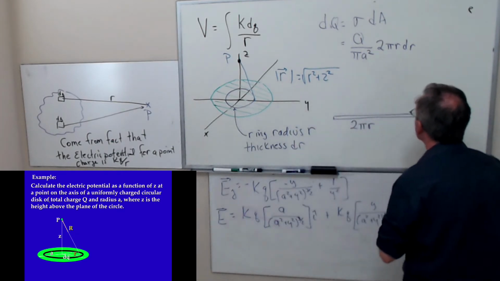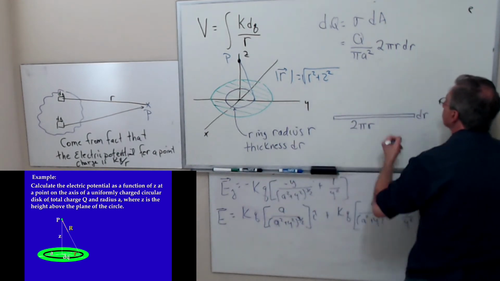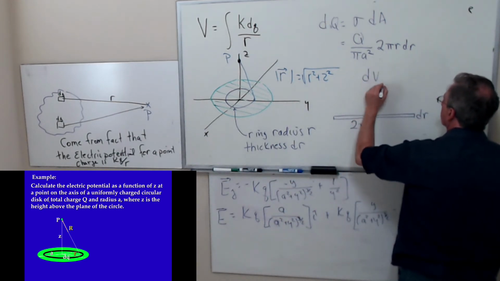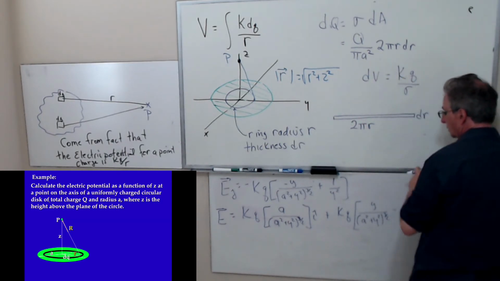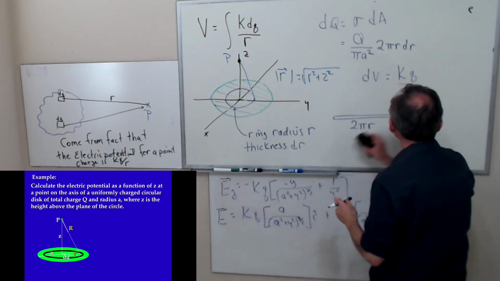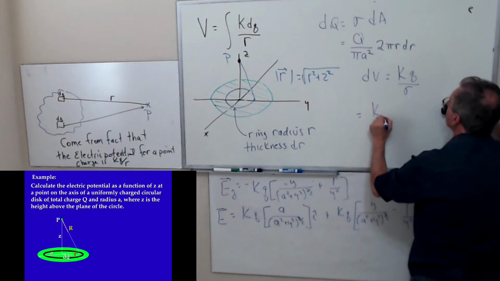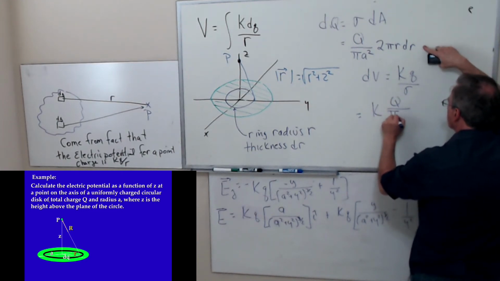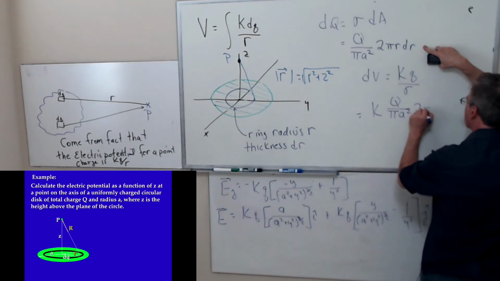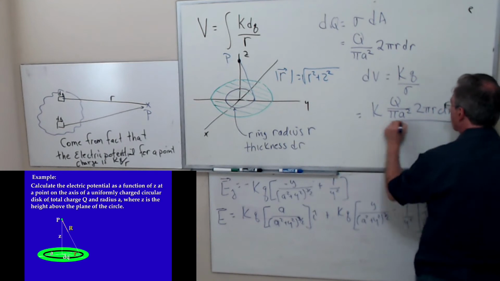Okay? So then our dV is k dq over R. Let me erase some stuff here. Okay, dq is this, and R is that.